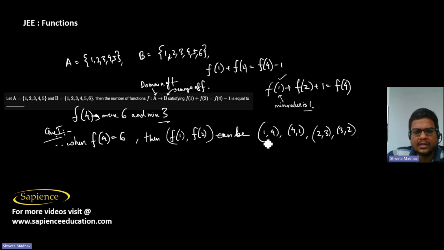It will have 4 options, and there are no restrictions for f of 3 and f of 5. Since why, here 1, 2, 3, 4 and 5, this is the set A that will map with B, which is 1, 2, 3, 4, 5, 6.